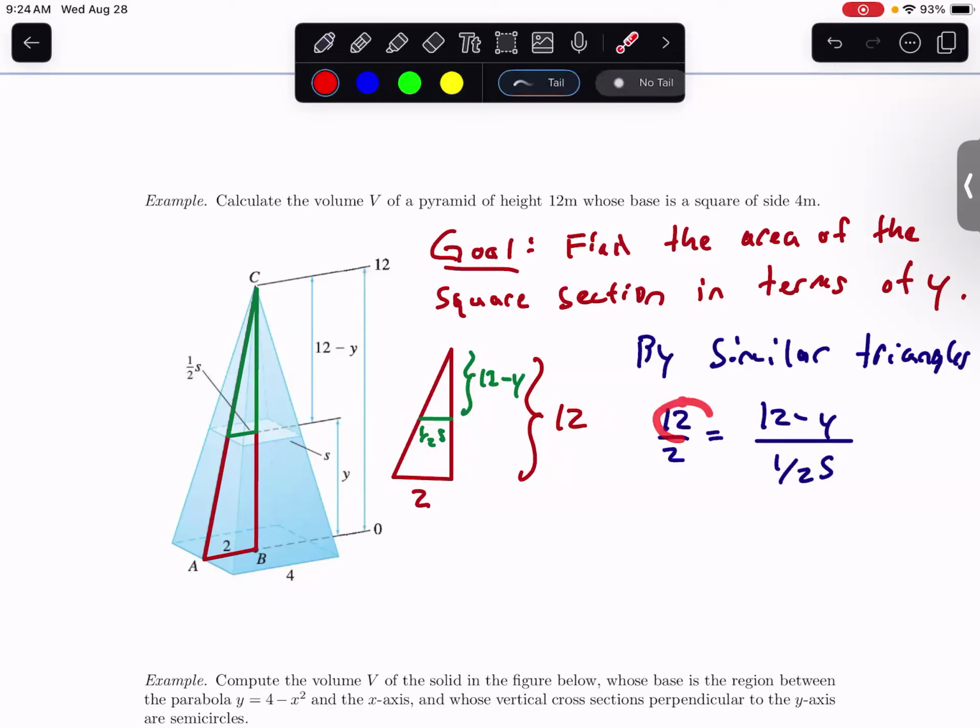Right, so this is the height. I don't know how to best write this out, but these are the heights. And then these are going to be the widths, or maybe I should say the base.